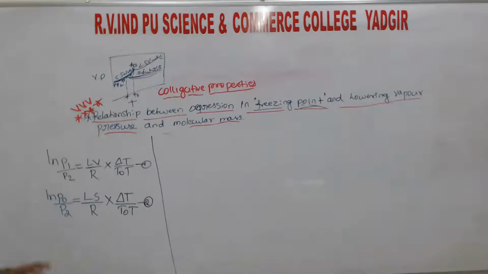Subtracting ln of P naught by P2 and ln of P1 by P2, the P2 cancels.